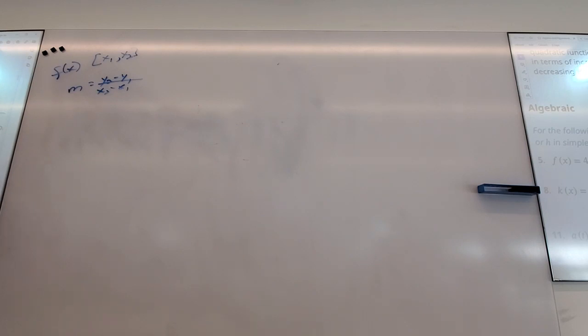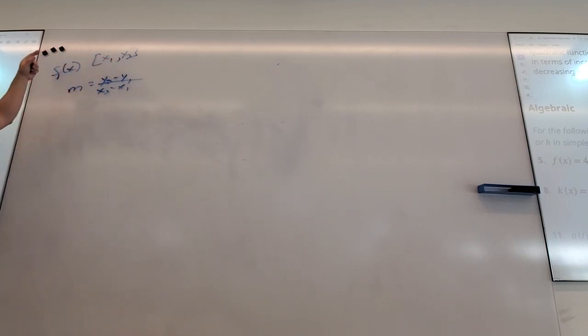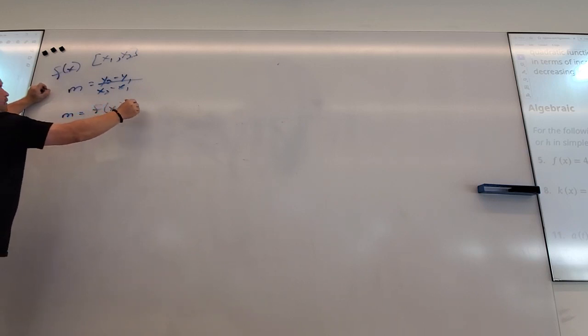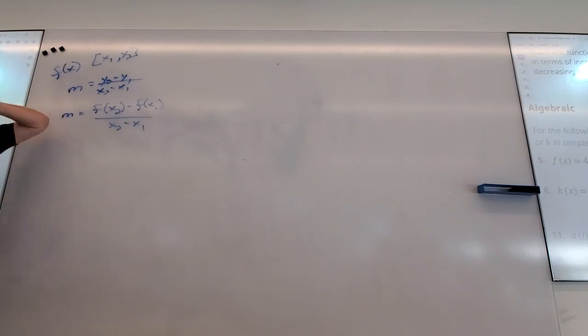Plug in x2, good. So m would be f of x2 minus f of x1 over x2 minus x1. That's just the slope formula. Isn't f of x y? I'm just making the slope formula a little more formalized.